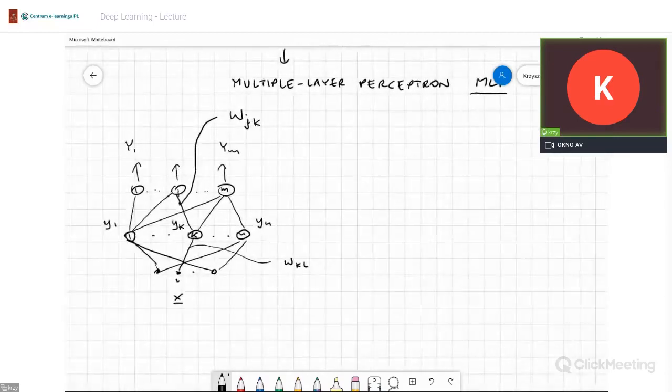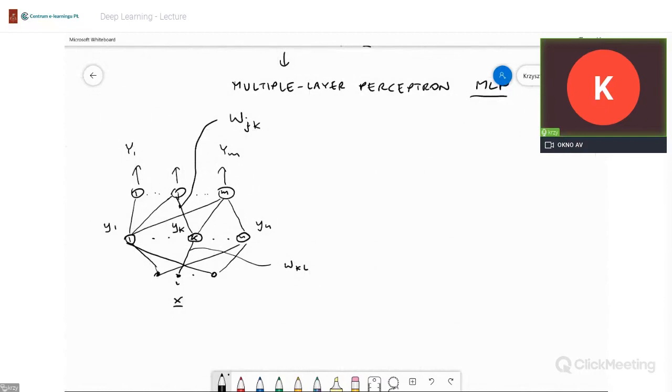What happens? How does information flow here? I will have examples, and each example will be an input sample, let's name it X alpha, and some target. The target is what I expect at the output of this network.